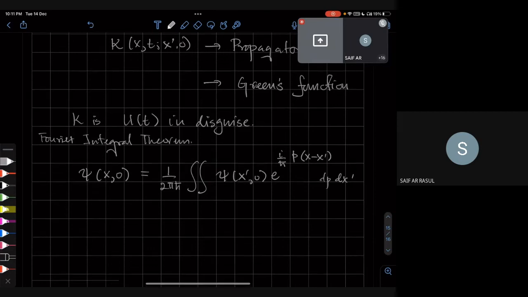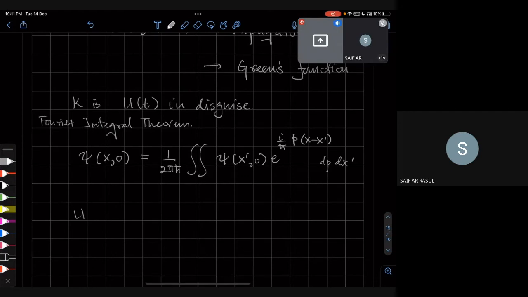Okay. Now, if I apply u onto this thing, so u of t, psi of x of 0 is psi of x of t.